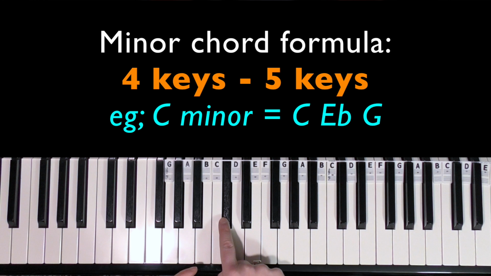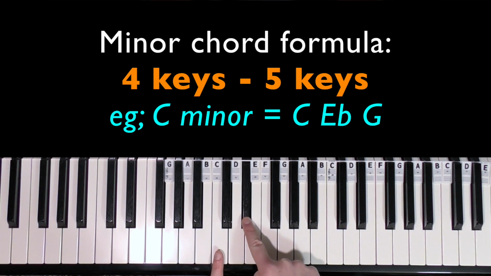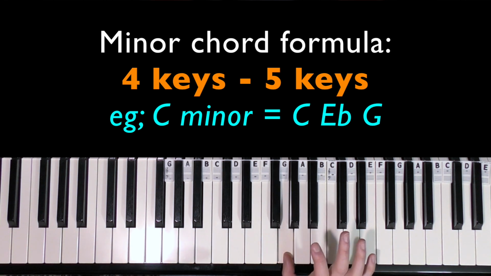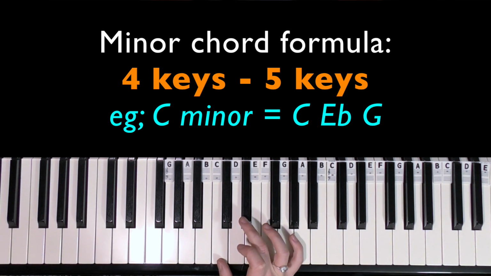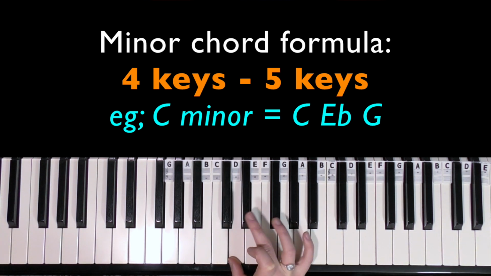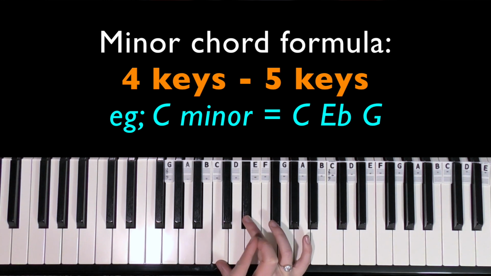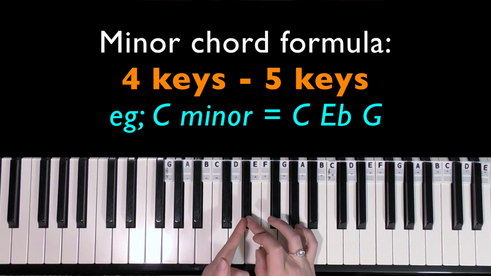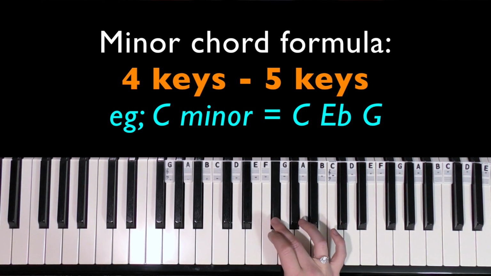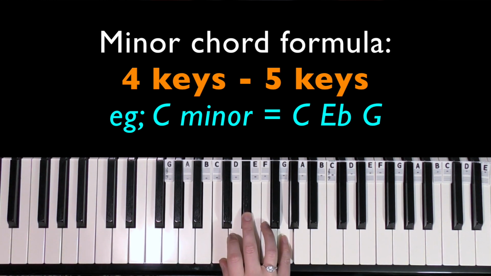So we have E flat. And then the next one is going to be 5 keys away from the middle note, 1, 2, 3, 4, 5. So that's your first and your third, and your last note from this note, 1, 2, 3, 4, 5. So for example, C minor is C, E flat and G.